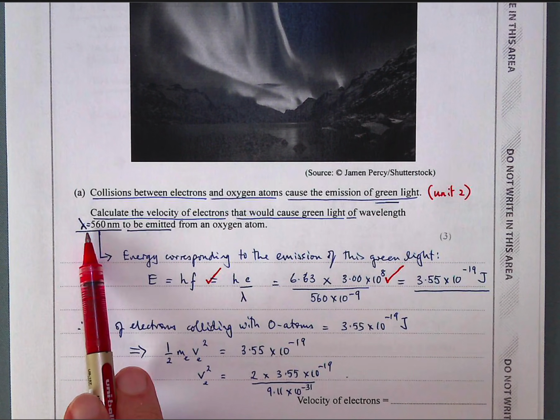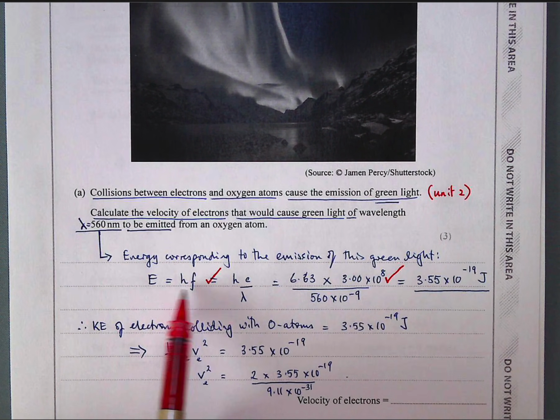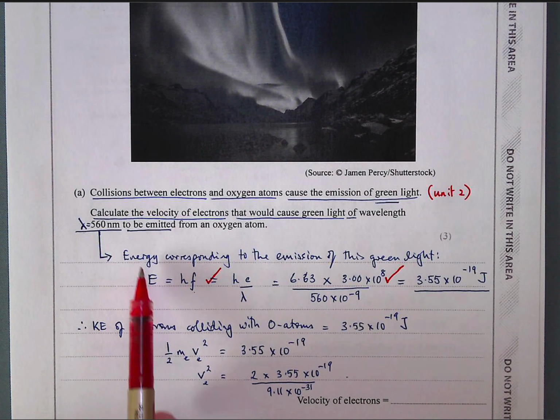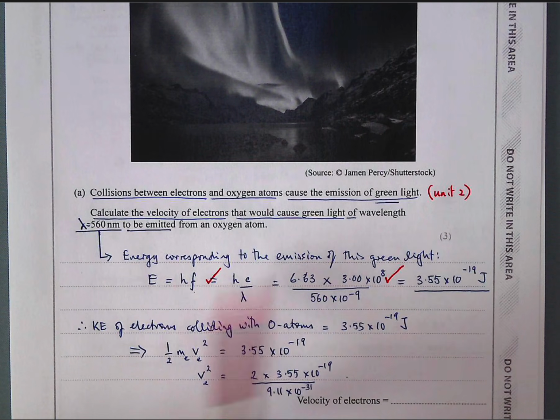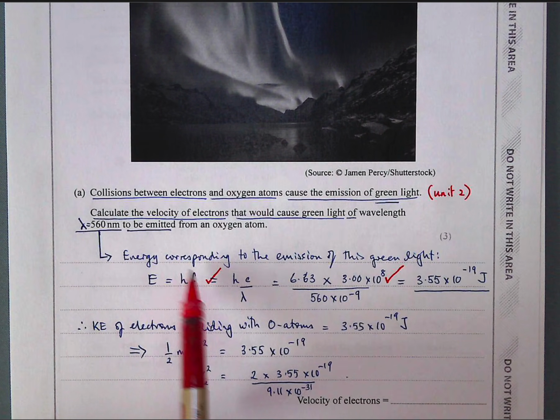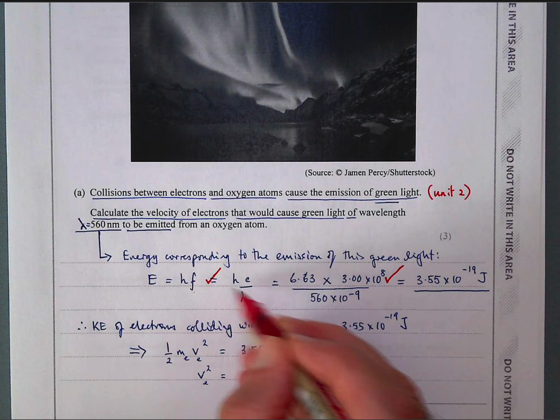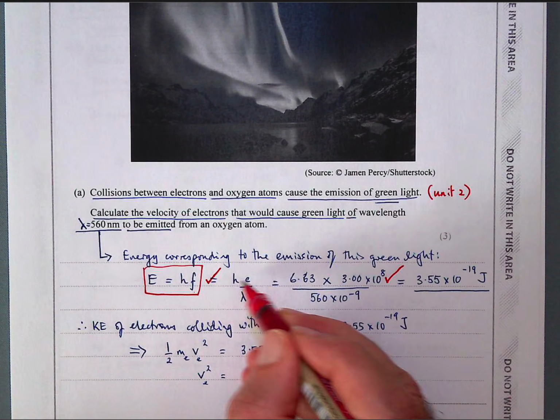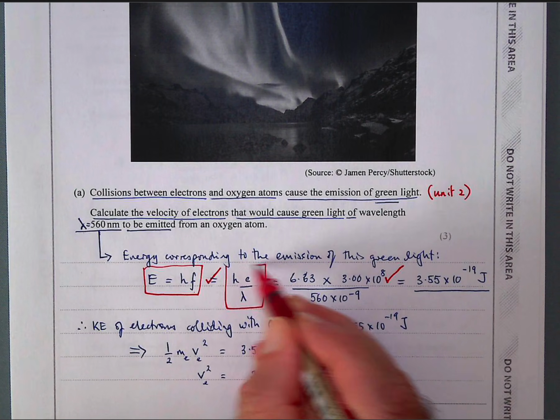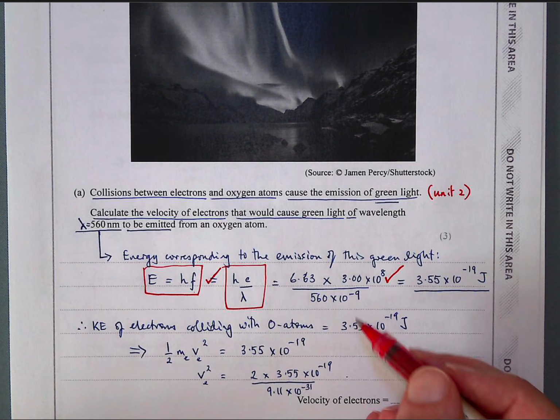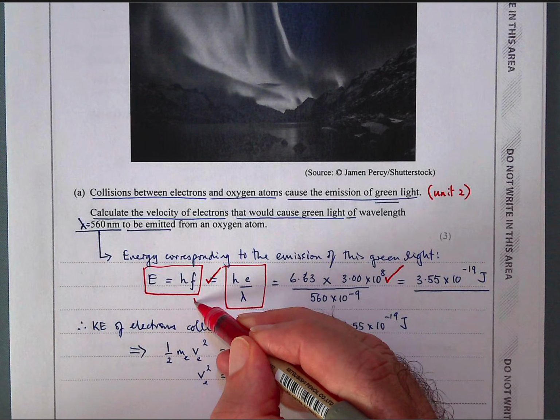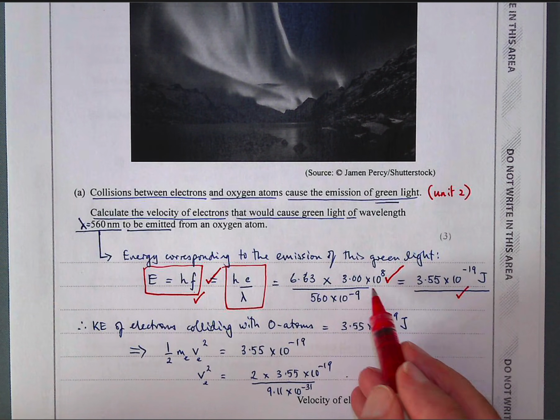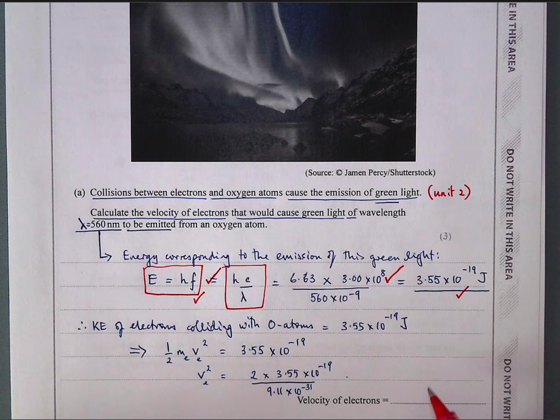Well, if we know the lambda, we know the frequency, and therefore we know the energy corresponding to the emission of green light by using the E equals hf equation. I've rearranged it to make it E equals hc over lambda, so I can do the calculation in one go. But you'll get 1 mark for working out the frequency, and you'll get 1 mark for working out the energy. So I just put it all in one equation, so it just saves me time.